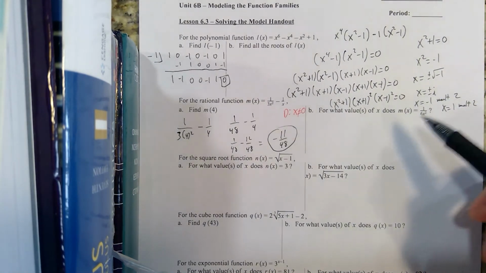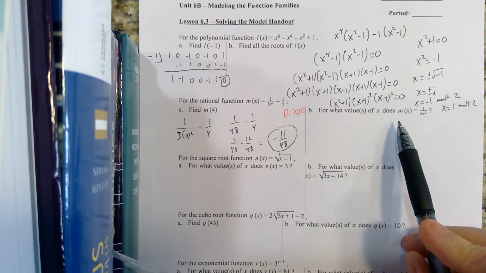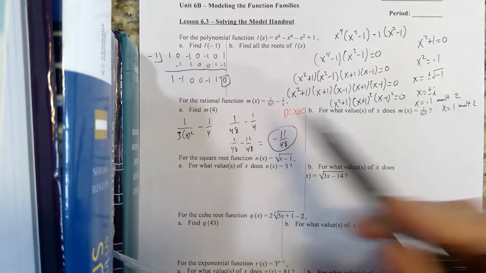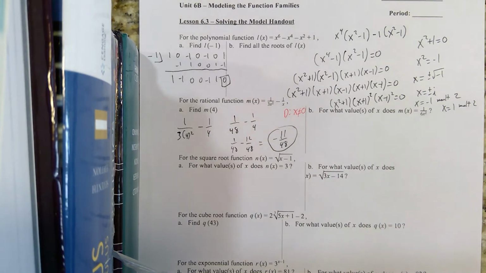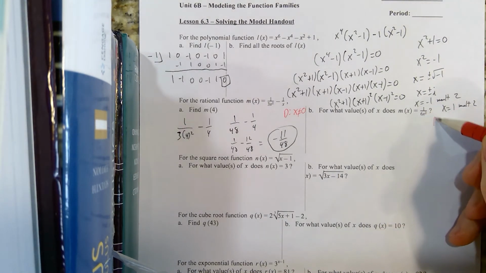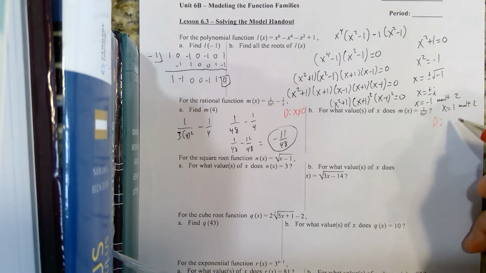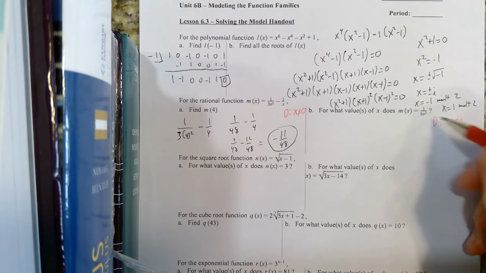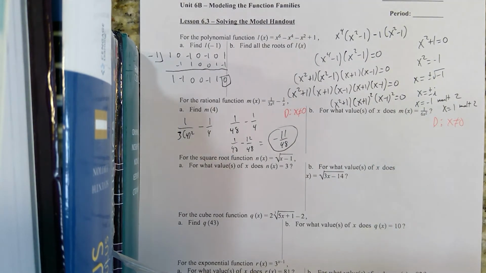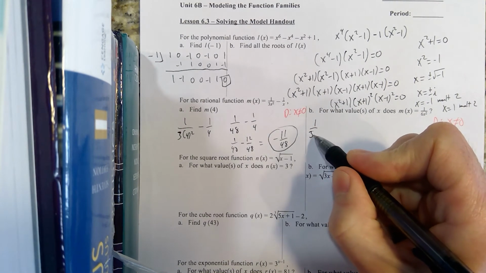Okay, on to letter B. This time, instead of giving me an input, they're saying, when will this function equal this expression? So this expression, also being rational, has an issue with domain. And again, x cannot be 0 in that. So they both have the same restriction on the domains. So set them equal to each other.